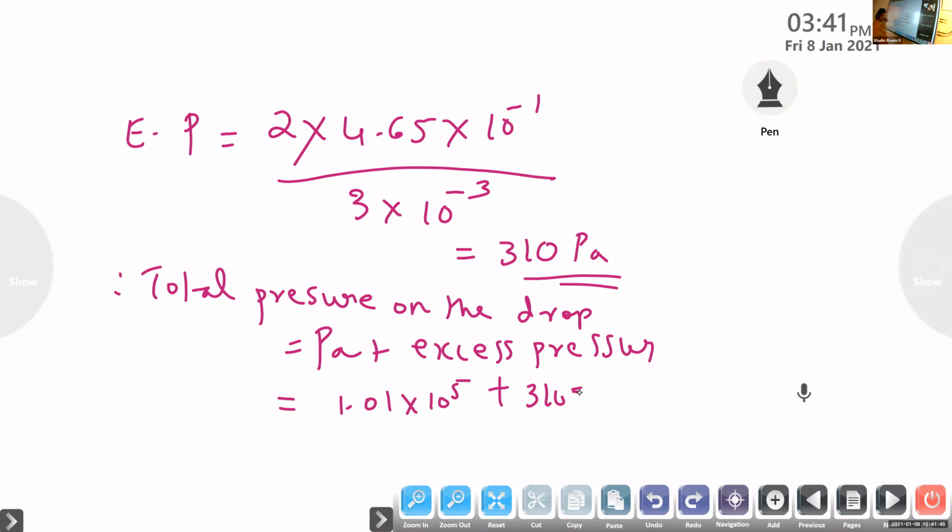Keep 10 to the power of 5 exactly like that. So totally you are getting 1.01 and 311, correct? Simple, no? So all these objective type questions are direct questions.